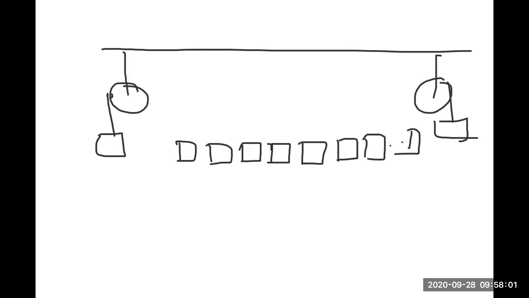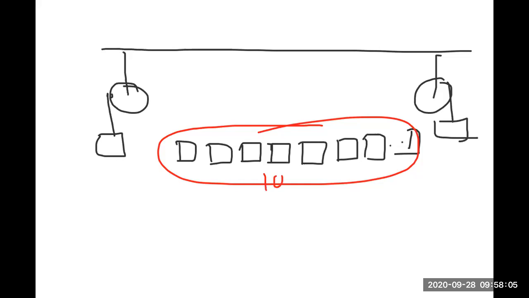So what is the total mass here? ये तो 10,000 kilograms हो जाएगा. ये 1 kilogram है, ये 1 kilogram है. And now my question is कि नीचे कौन आ रहा है, ऊपर कौन जा रहा है?